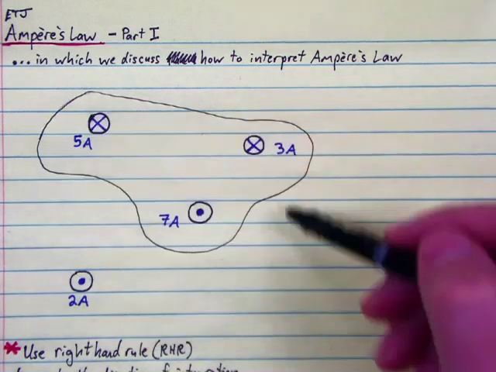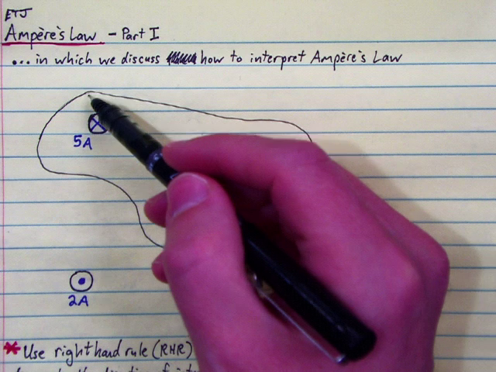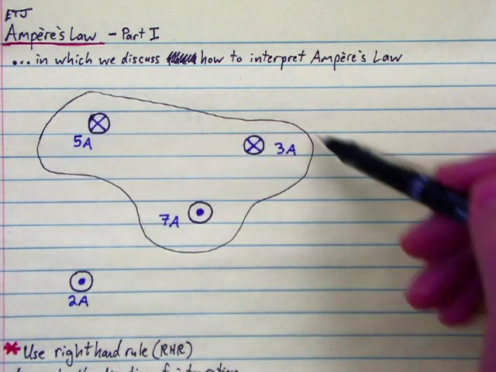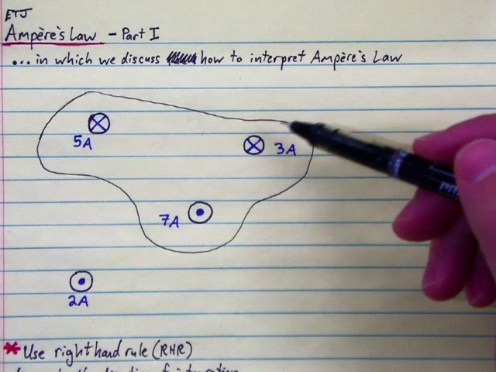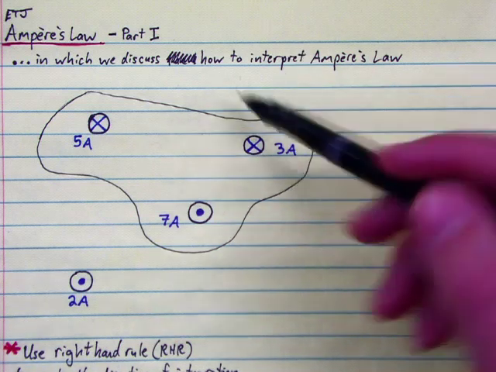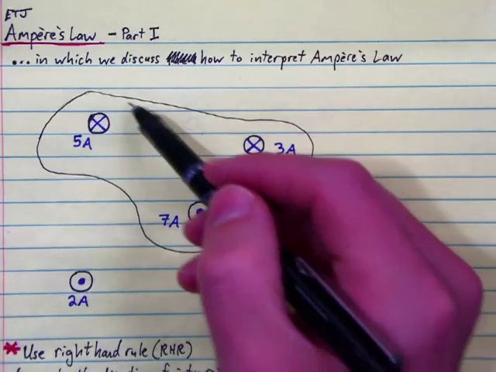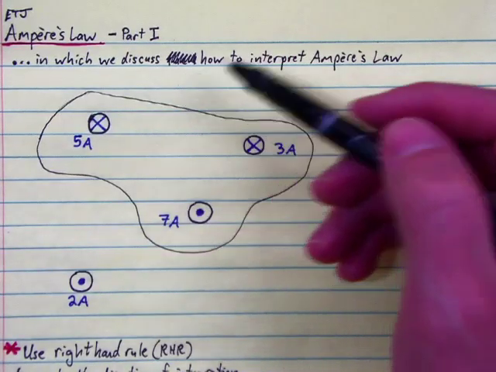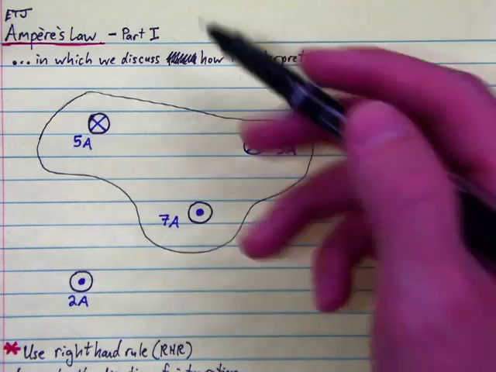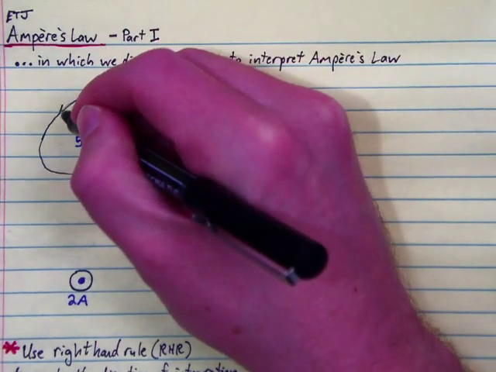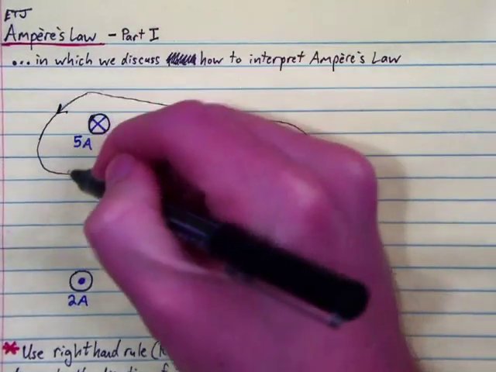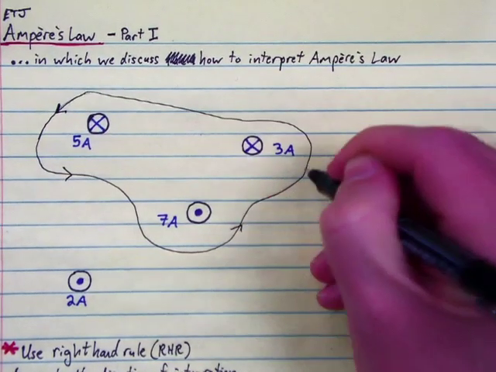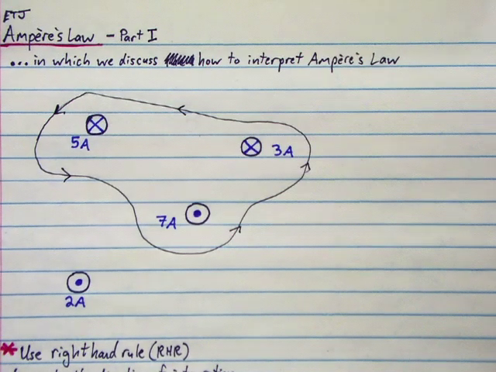So we have a path here, like a hike, and this is just a one-dimensional loop here. We're not imagining any kind of 3D Gaussian surface in this case. Just a loop, a path, and we imagine also a direction of hiking around that path. Let's say we move in this direction around that path.